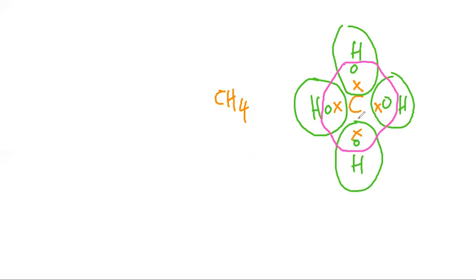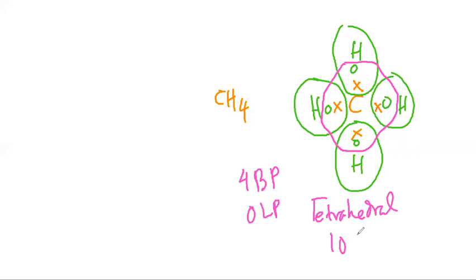So here you don't have a lone pair of electrons in the central atom of carbon. Therefore, I just write 4 bond pairs with no lone pair. So the shape of this molecule is tetrahedral with a 109.5 degree bond angle.